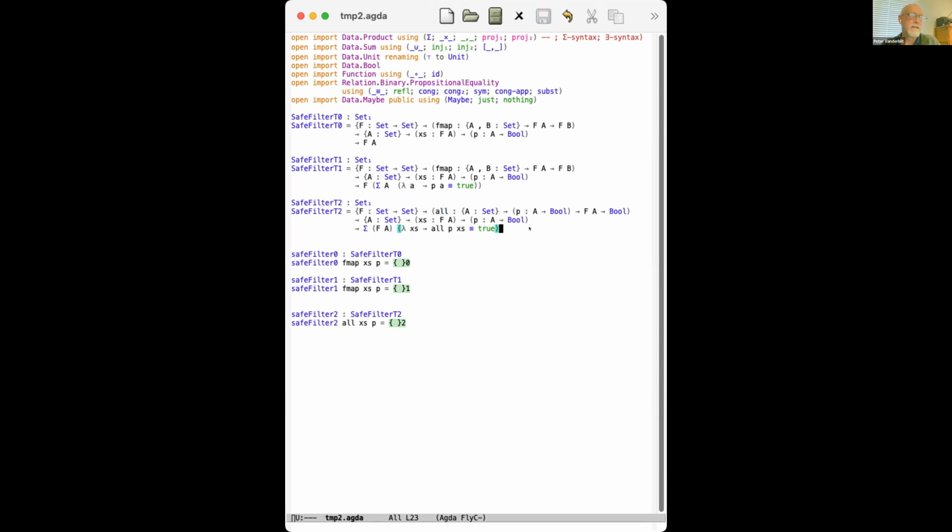So it's all equivalent to something like a traversable or a foldable. Traversable and foldable already force you to have polynomial. But anyway, all would be a foldable, if that's what you're asking.